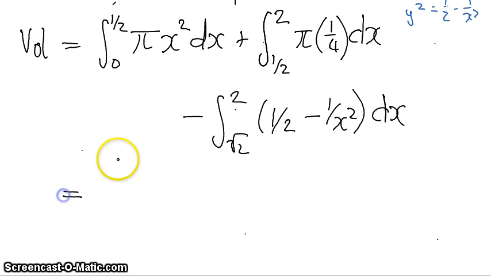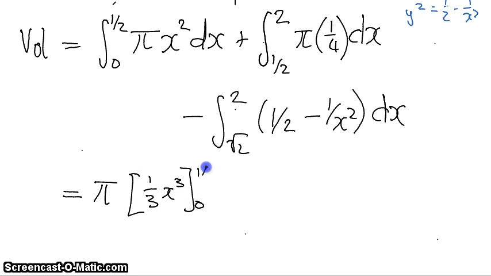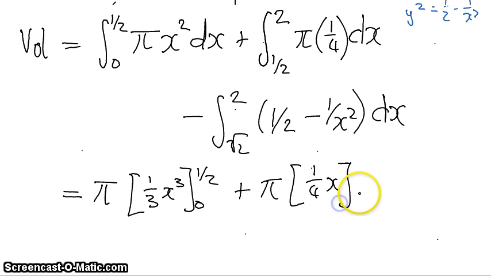Let's do it. Integrating, I'll just bring the pi at the front for the moment. If I integrate x squared, what do I get? I get a third x cubed, and my bounds are 0 and a half. If I integrate a quarter, again bringing the pi at the front, I'm just going to get a quarter x, this time between a half and 2.